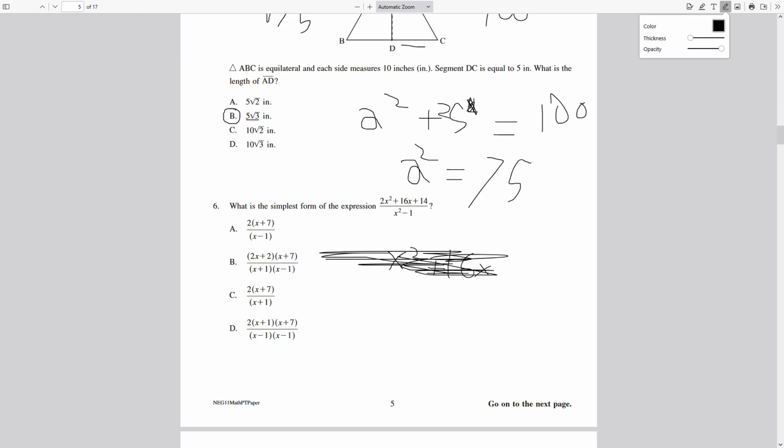Foil. Reverse foil. So. Okay. The 2's. So, it'd be 2x squared plus 8x plus 7, divided by x squared minus 1.